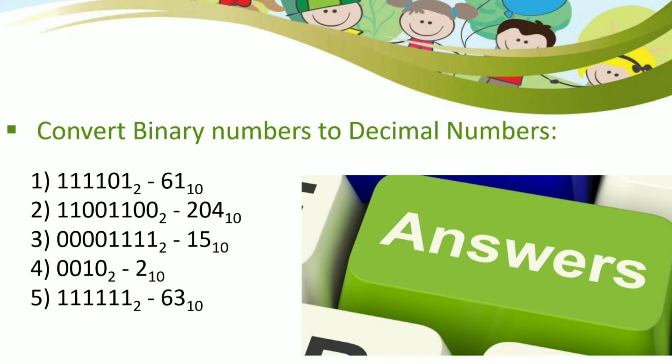So please tell your answers. 111101 binary number converted into the decimal number 61. 11001100 converted into the decimal number 204. 00001111 converted into the decimal number 15. 0010 converted into the decimal number 2. 111111 converted into the decimal number 63.